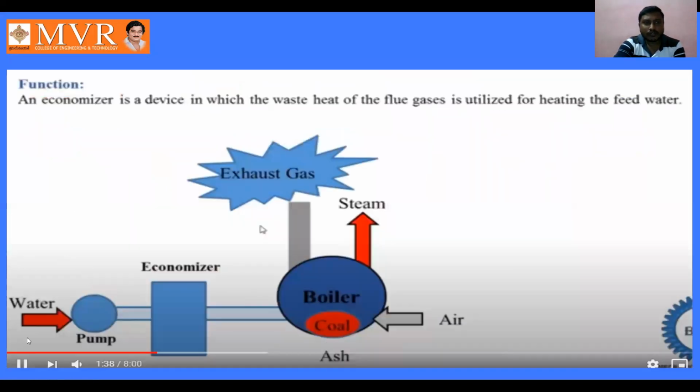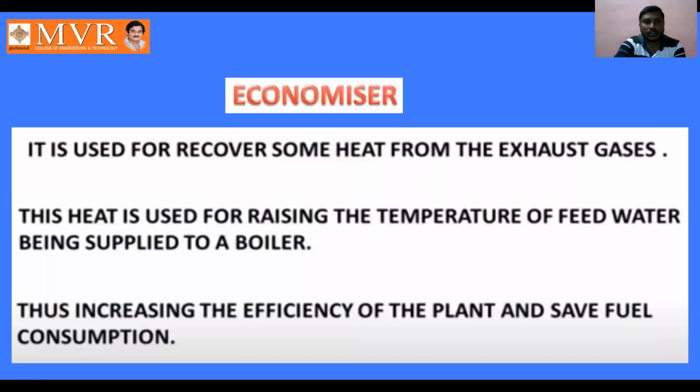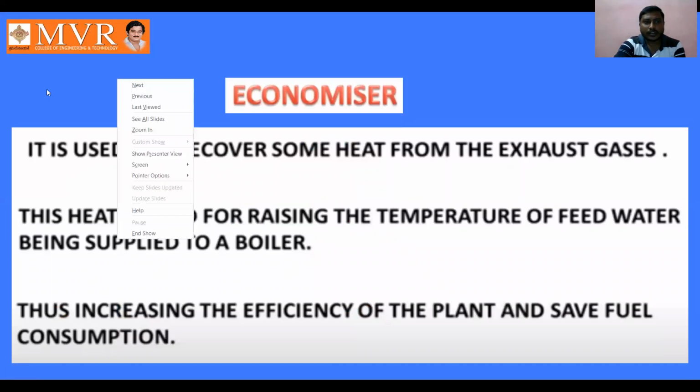Coming to the function of an economizer, it is a device in which the waste heat of the flue gases is utilized for heating the feed water. I have told you what is meant by an economizer.